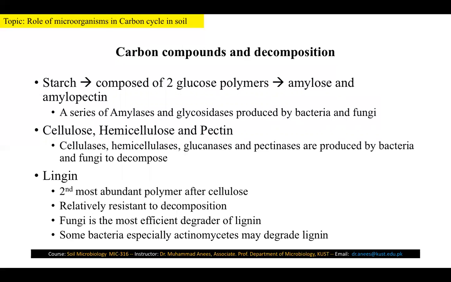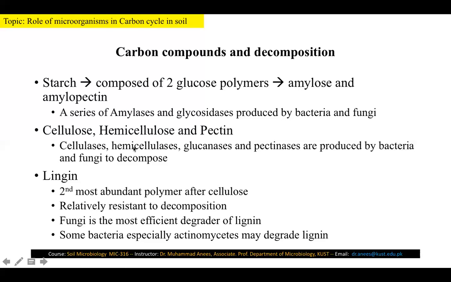When we talk about the decomposition, for example, if we talk about the decomposition of starch, starch is composed of two glucose polymers. One is amylose and the other is amylopectin. Now, microorganisms produce a number of amylases and glycosidases that can decompose the starch.